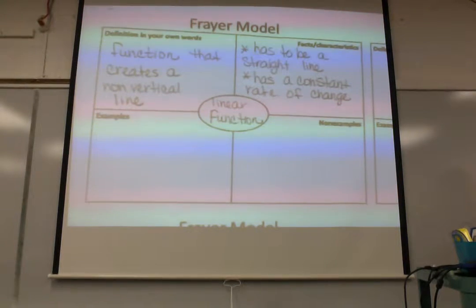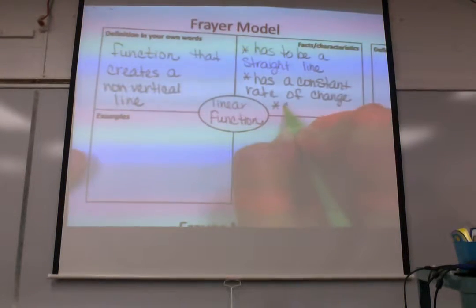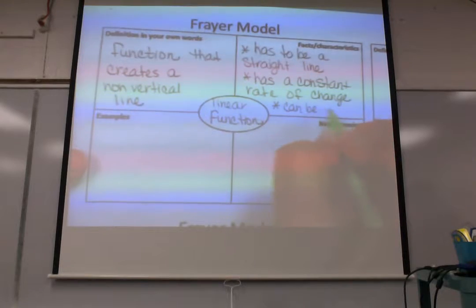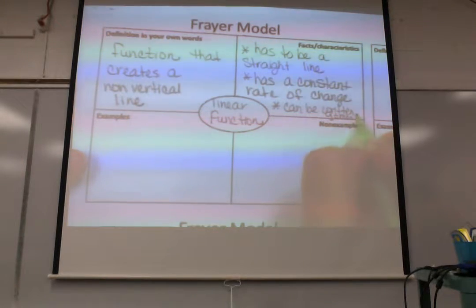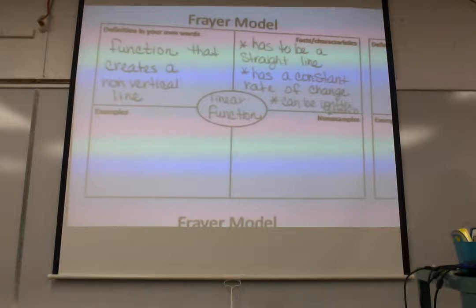One thing that this particular section didn't talk about, but I know that it's coming down the line in this chapter, so I want you to add to this, is it can be written in y equals mx plus b form. Do you guys know what that means, y equals mx plus b? No. That's something we're going to talk about later. That's something called slope-intercept form.